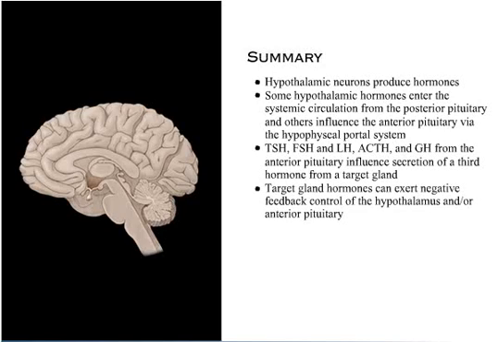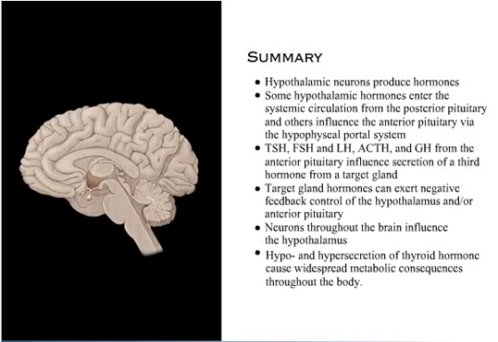Target gland hormones can exert negative feedback control of the hypothalamus and/or anterior pituitary. Neurons throughout the brain influence the hypothalamus. Hypo and hypersecretion of thyroid hormone cause widespread metabolic consequences throughout the body.